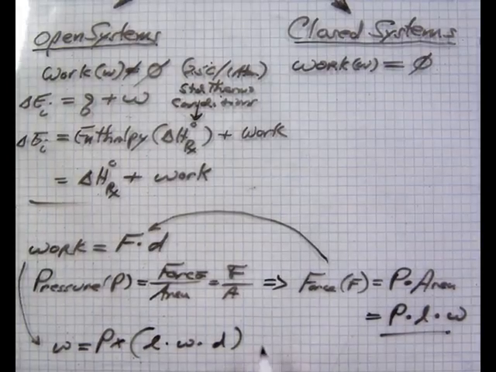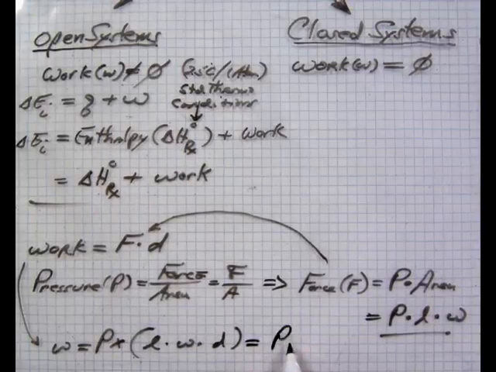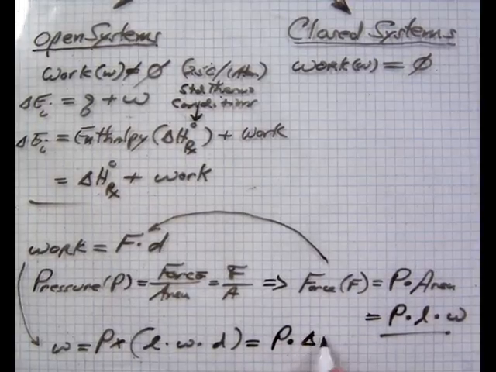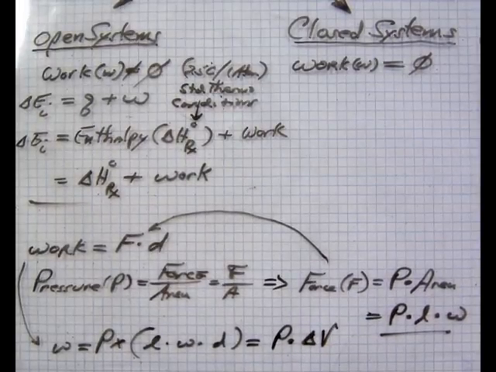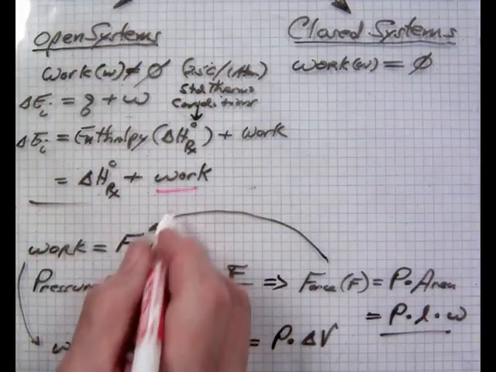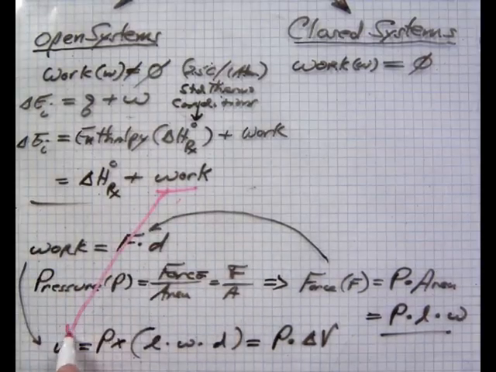So this term now becomes pressure times delta V. That's a good old ideal gas law if you're ever playing with it: PV equals nRT. So now we can substitute that term for work.